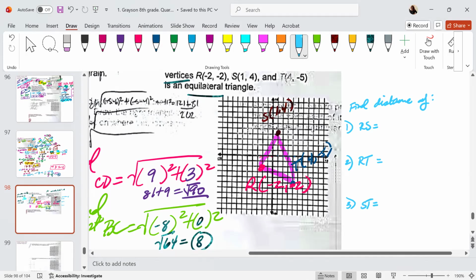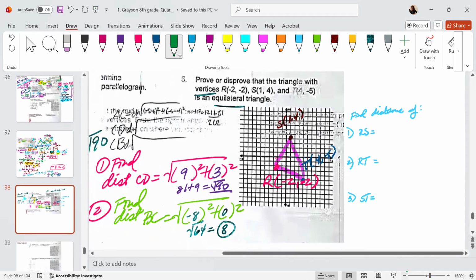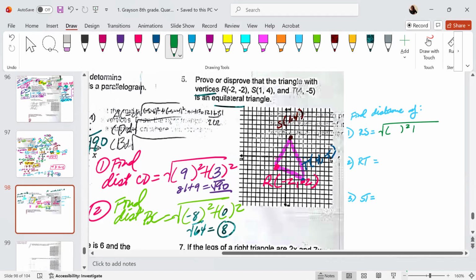What are the three sides of your triangle? Okay, this 3. These sides: RS, ST, and RT. Now find it. RS. Let's start with that.